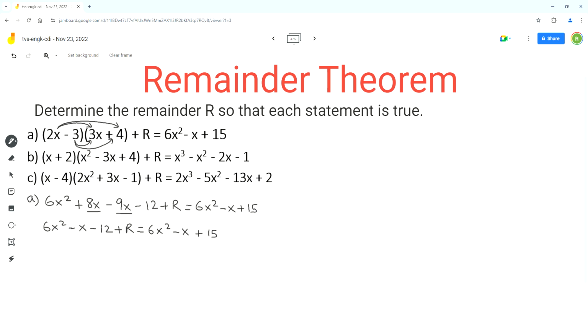Next, we can combine the x squared terms on both sides of this equation by subtracting 6x squared from both sides. We can also combine the x terms by adding x to both sides.